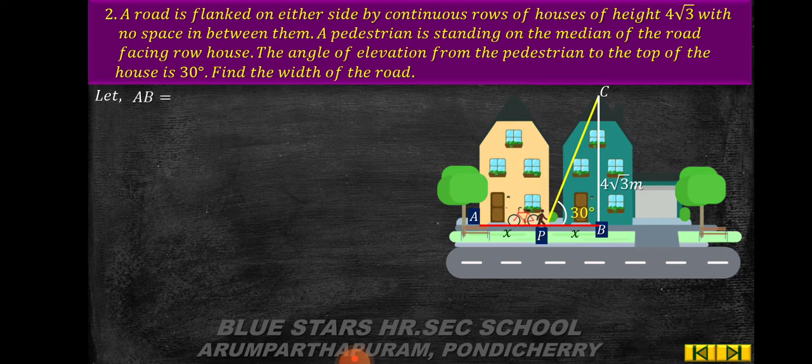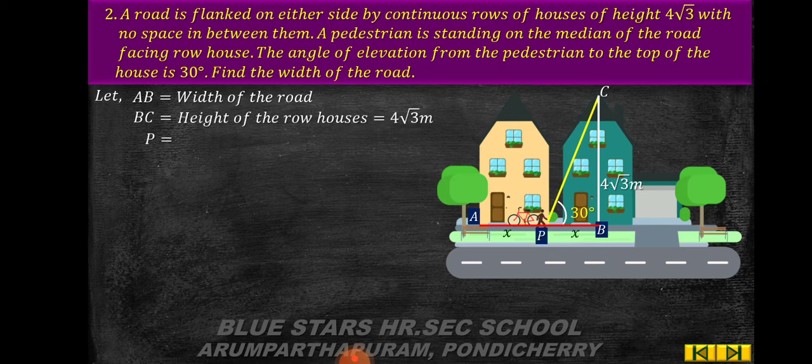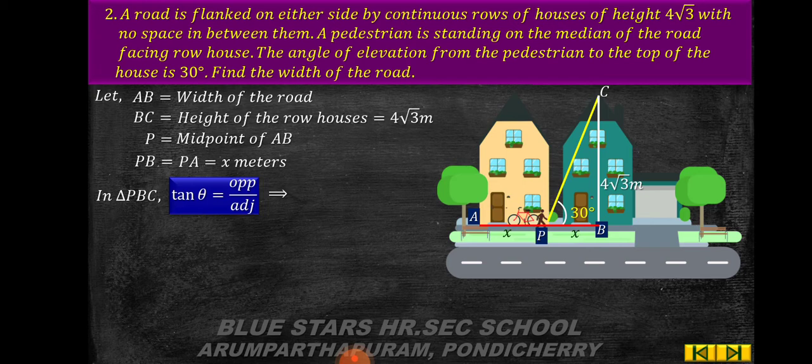Let AB be equal to the width of the road, BC is equal to the height of the row house, which is equal to 4 root 3 meter, and P is the midpoint of AB. PB is equal to PA is equal to x meters, because we don't know the distance. So in triangle PBC, tan theta is equal to opposite by adjacent.